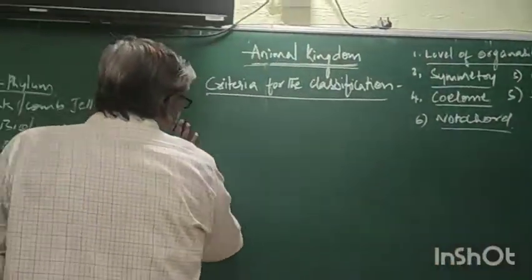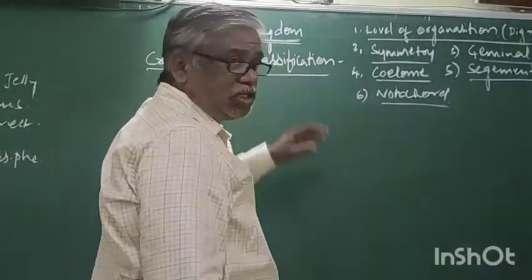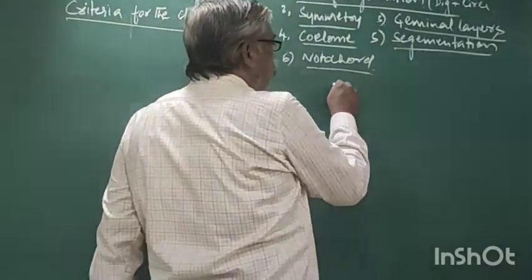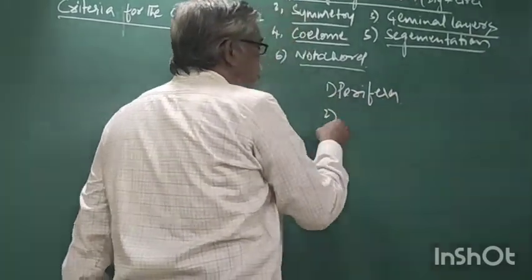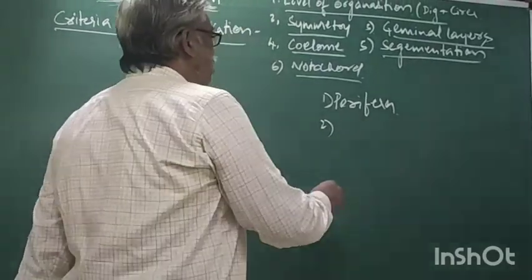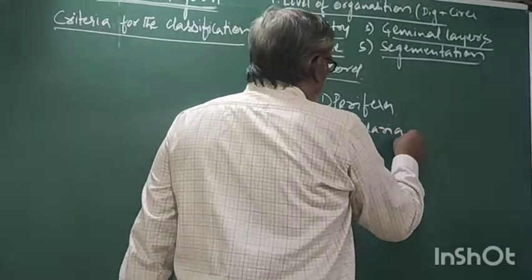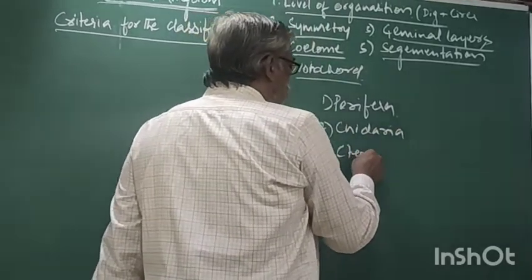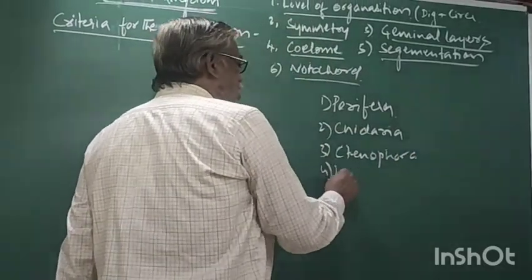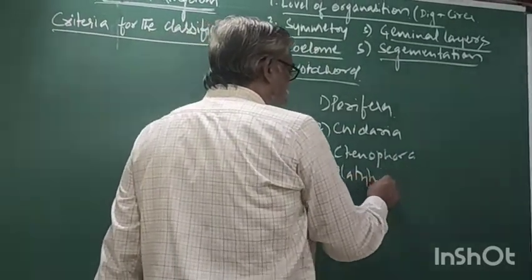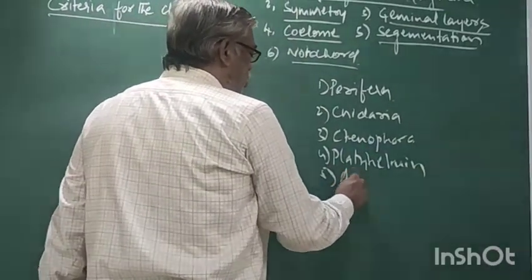Now, what are the phyla in this kingdom? First one, Porifera. Cnidaria is also called Coelenterata. Ctenophora. Platyhelminthes. Aschelminthes.